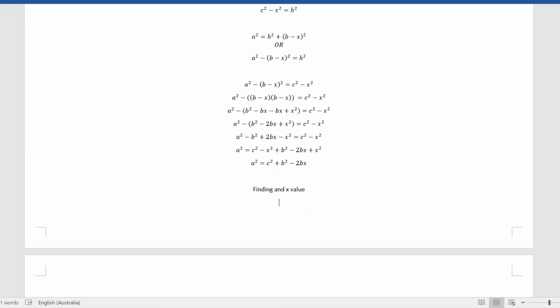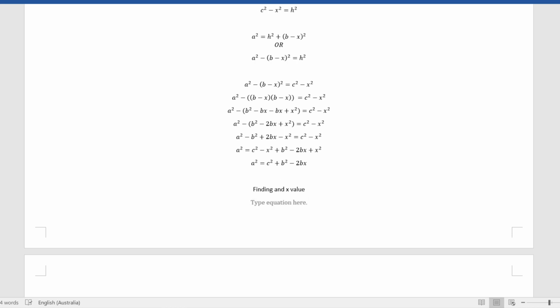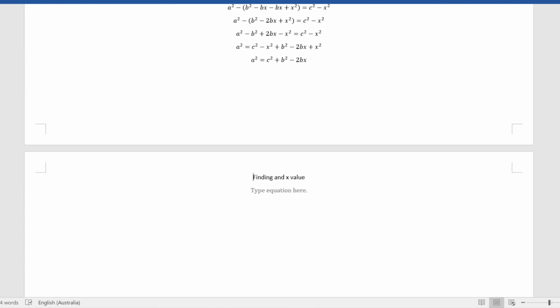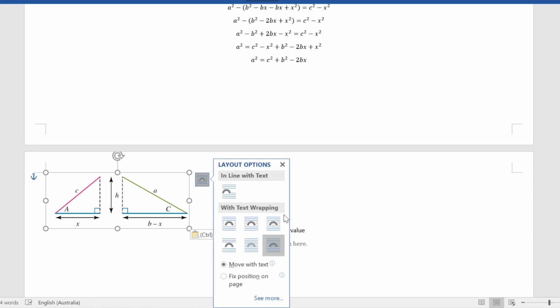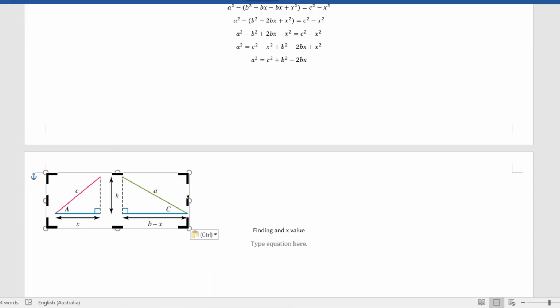So, inserting my equation again. All right, and I know I might run over the page, so what I might do is just start this on the other page. We're going to copy this image down, and I'm actually going to put it above here. Okay, we'll crop it down so we don't get too confused.